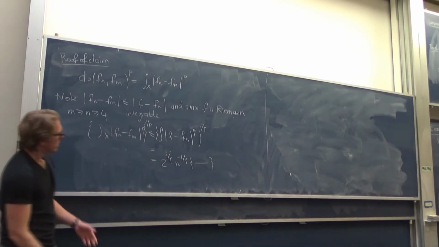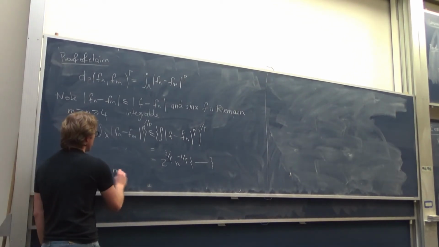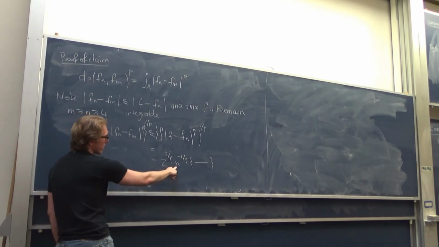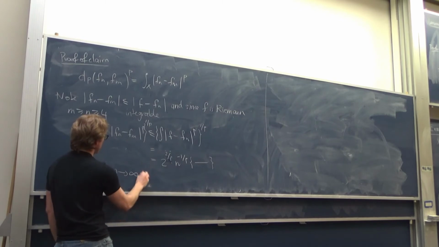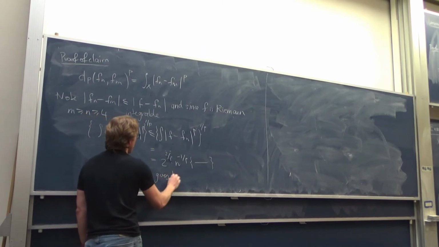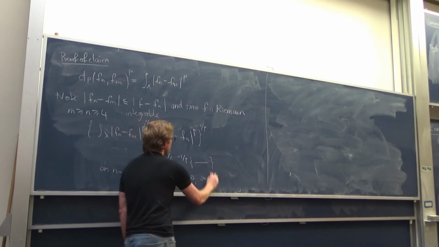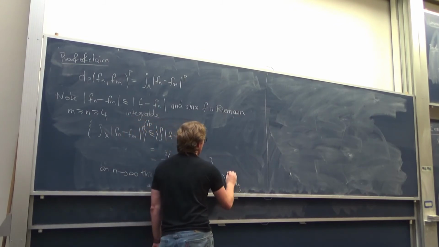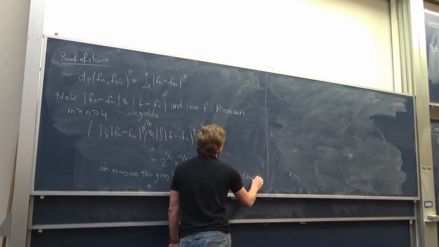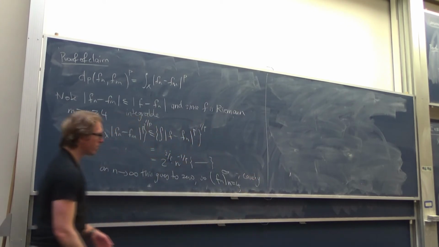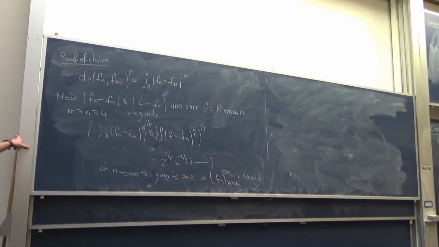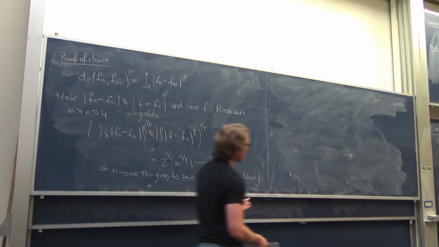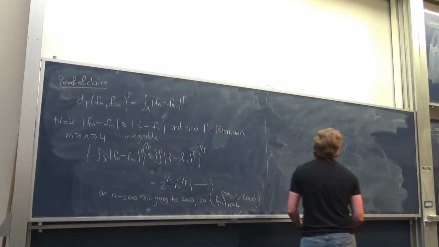So as n gets infinitely large, that gets infinitely small. So that's it. Okay, so that's a Cauchy sequence. All right, so let me give the argument that it can't converge.